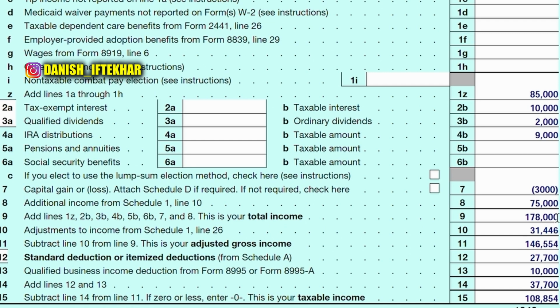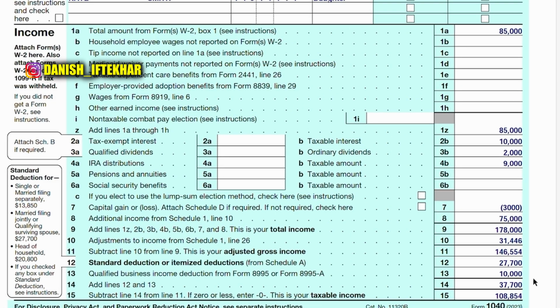So this is your total income, 178,000. There is some deduction, 31,446, and then you have your adjusted gross income, which is 146,554. Now from this adjusted gross income, you will have some more deductions, and then you will arrive at your taxable income. In the next video, we will discuss those deductions.